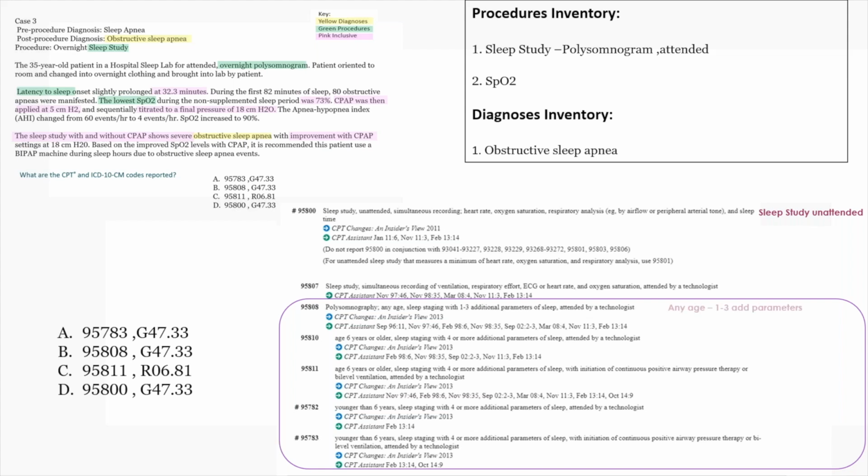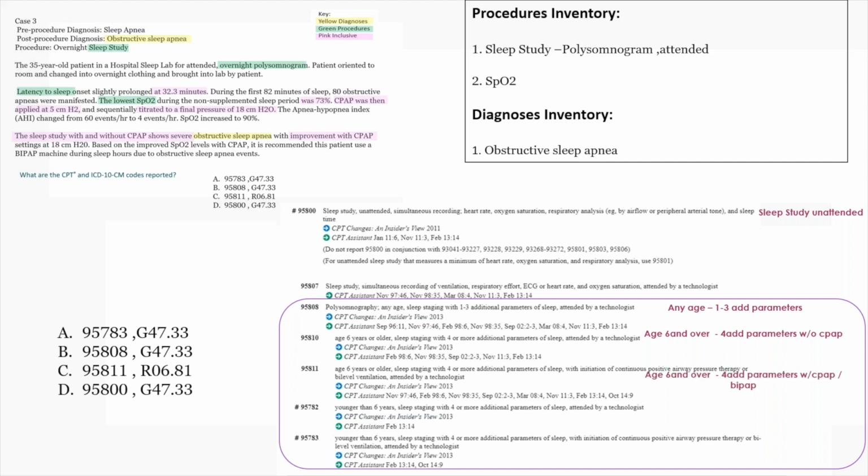The code 95808 is for any age, but it will be measuring just 1 to 3 parameters. And 95810 is for age 6 and over, measuring 4 parameters, and there will be no treatment methods like CPAP or BiPAP. They will be just measuring 4 additional parameters.